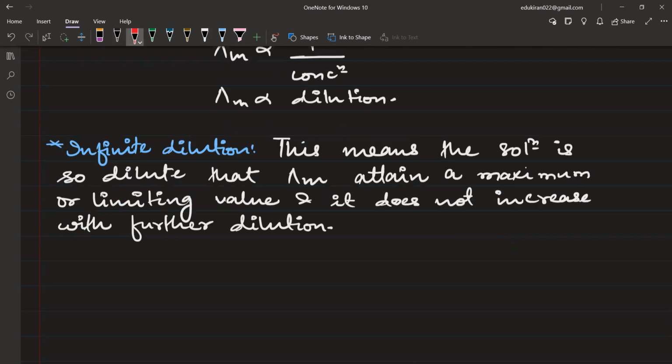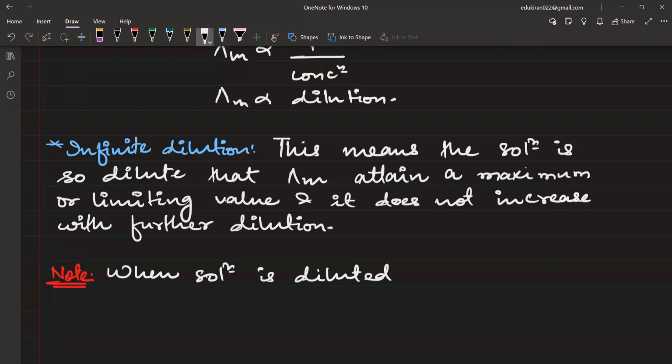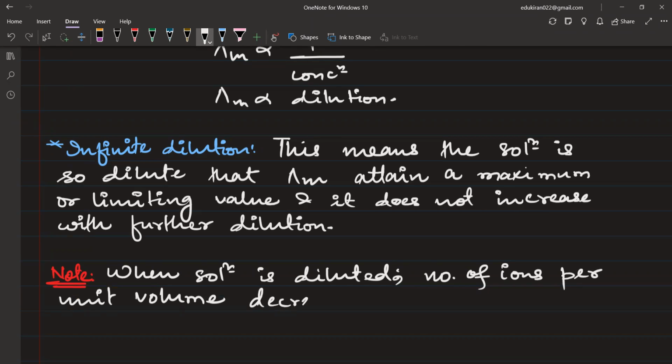Okay, now write a note. When solution is diluted, number of ions per unit volume decreases.